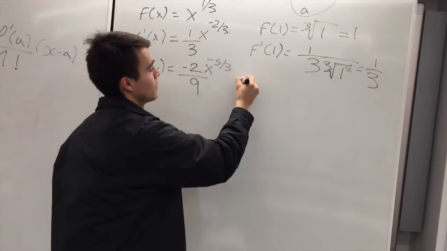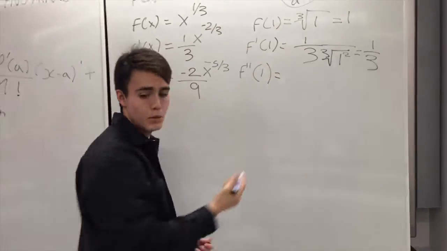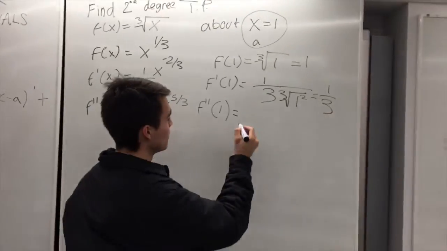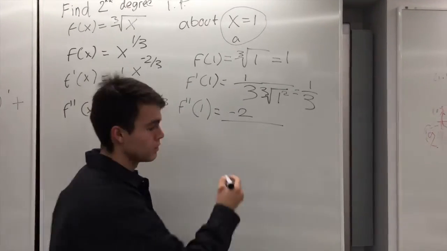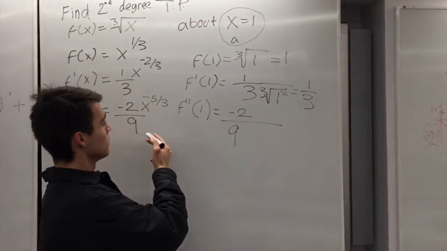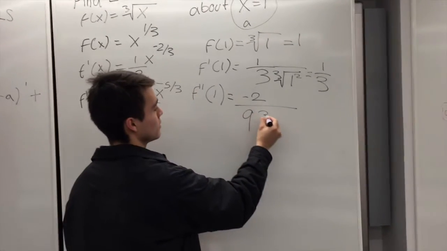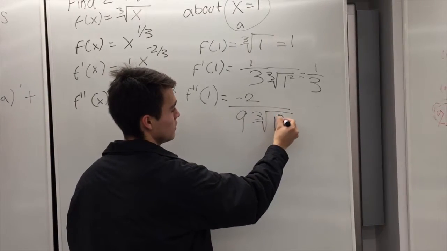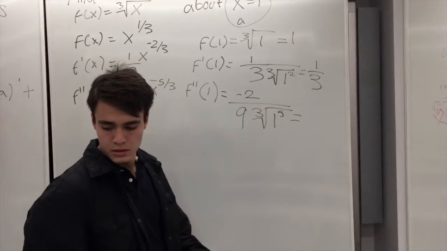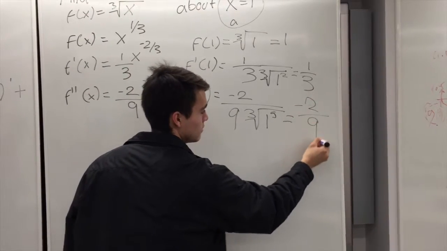Now, our second derivative of 1 equals minus 2 over 9, and then we're gonna put this down, so it's gonna be the cubic root of 1 to the power of 5, which equals minus 2 over 9.